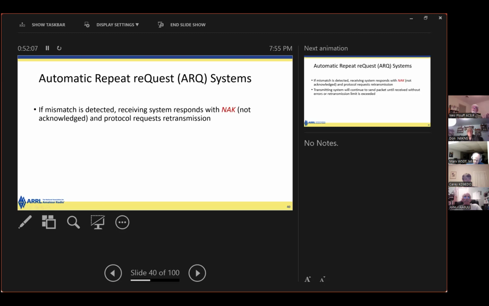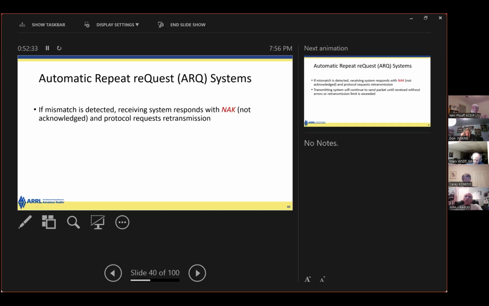The receiving station will receive a packet and it replies either as part of a data packet going in the reverse direction or as a short burst of data. It will reply with an acknowledgement or ACK, which says everything's okay, or a negative acknowledgement or NACK that says, "Oop, there's a problem here."